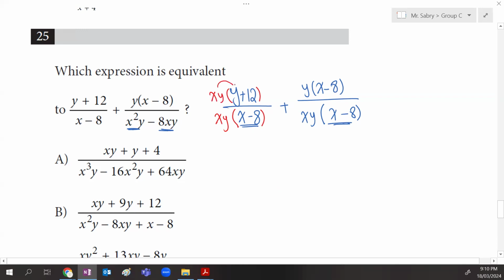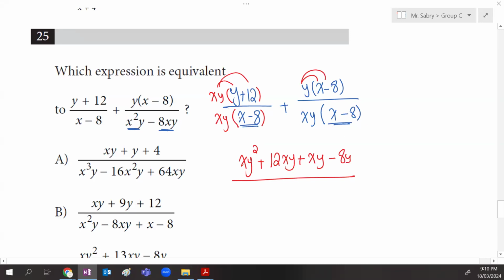So xy times y, that would become xy to the power of 2, plus xy times 12, that's 12xy, plus y times x, which is just xy, y times negative 8, that's negative 8y. All of this is over the new denominator. What is this new denominator?